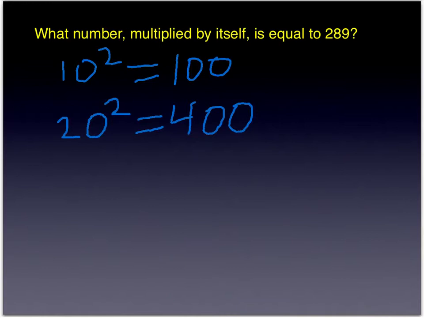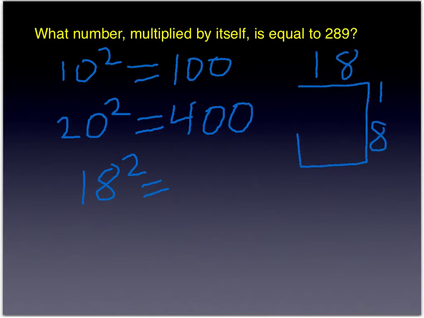So let's try something different. Let's try 18 squared. What does 18 squared equal? We can break this into two parts, or we can just do a little lattice multiplication.